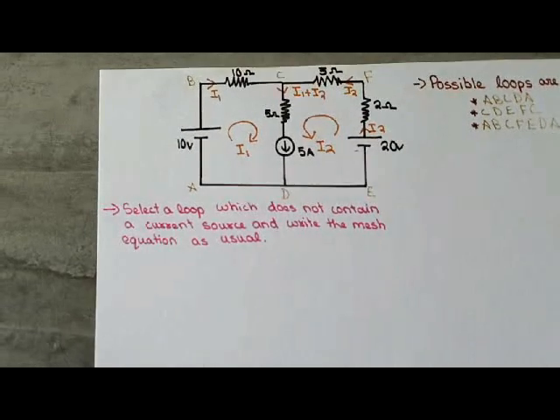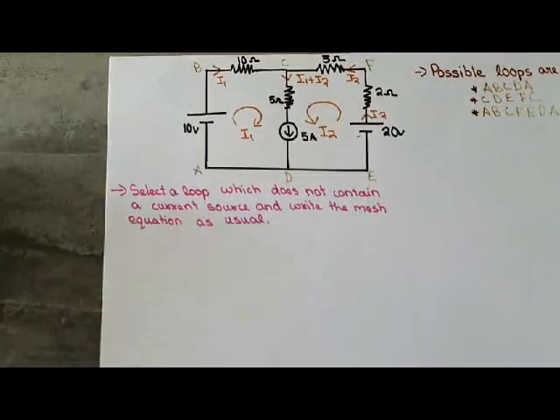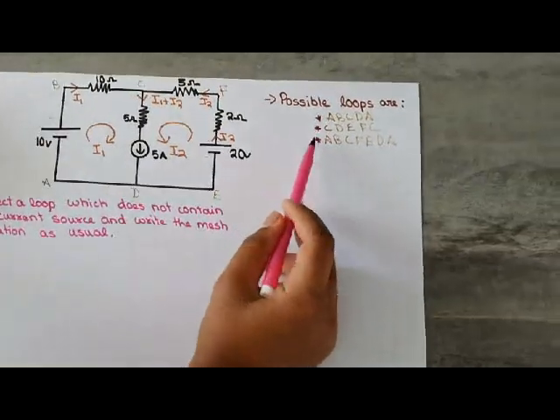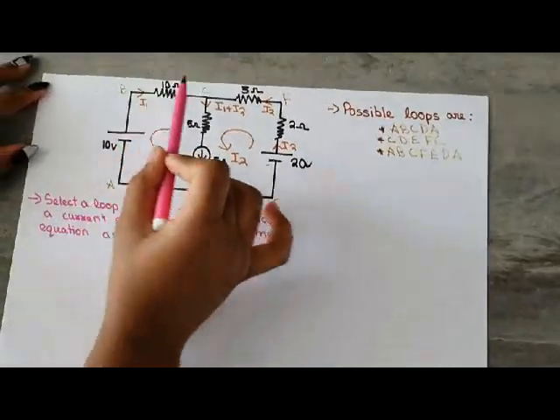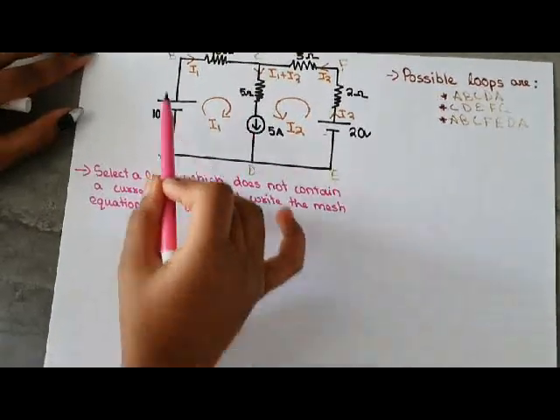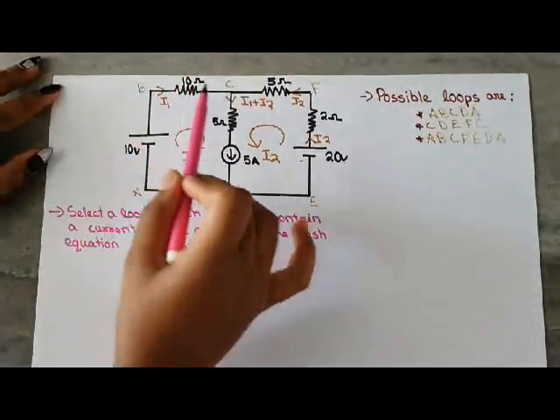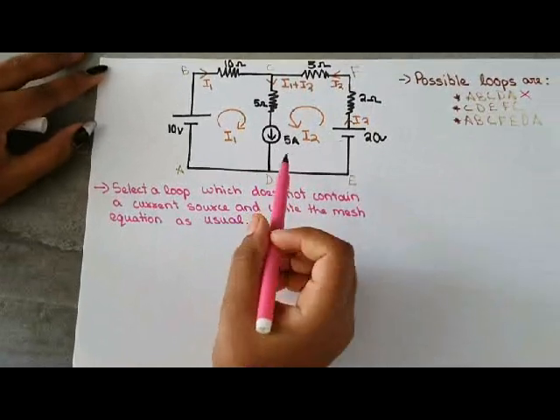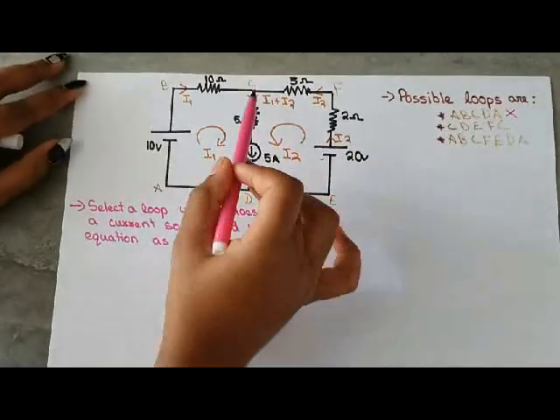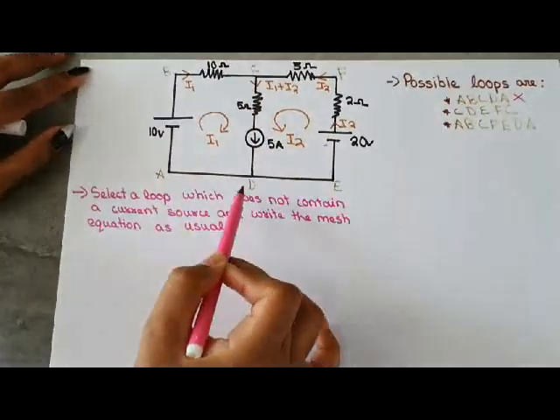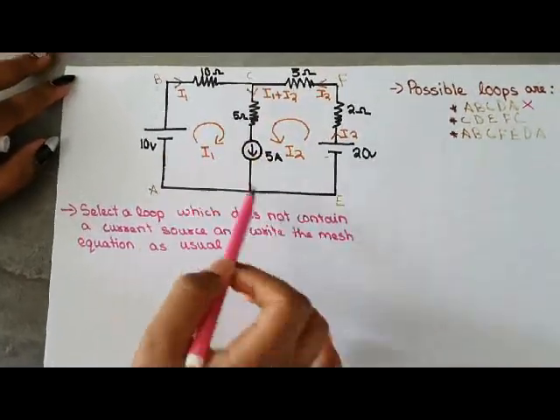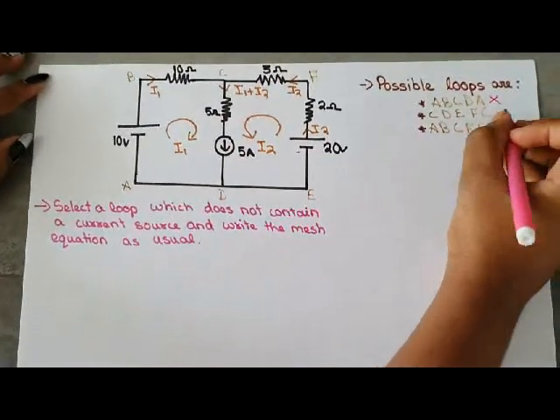Now select a loop which does not contain the current source. We have marked 3 loops here. The first one has a current source, A, B, C, D, A, so not this one. The second one, C, D, E, F, C, has a current source too.